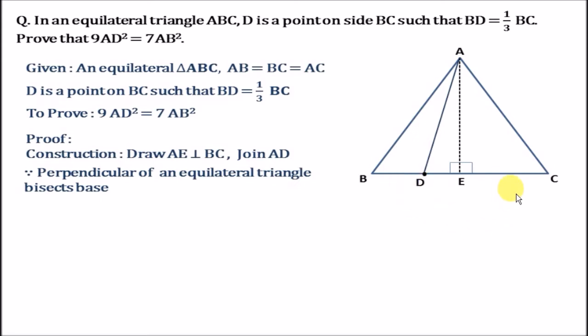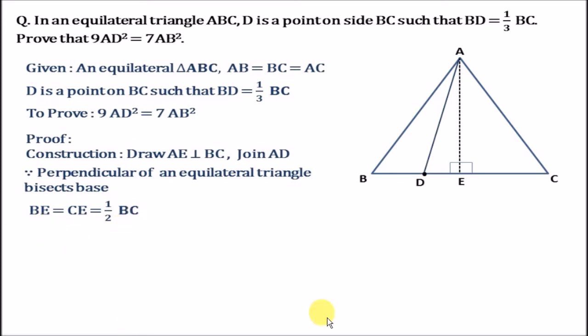So we will have BE equals CE equals half of BC. So the base BE of right triangle AEB is now sorted out.